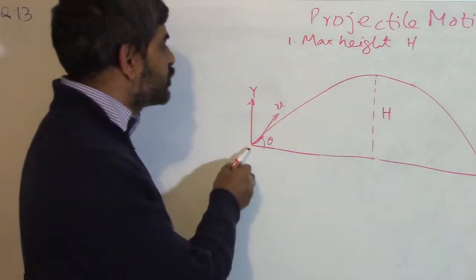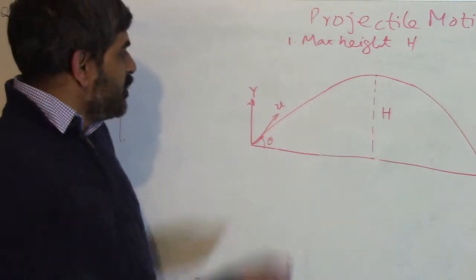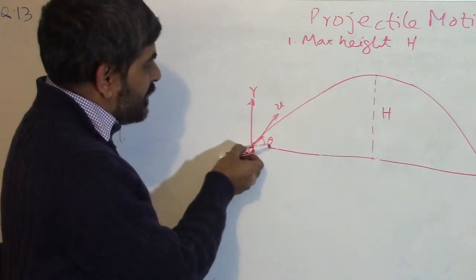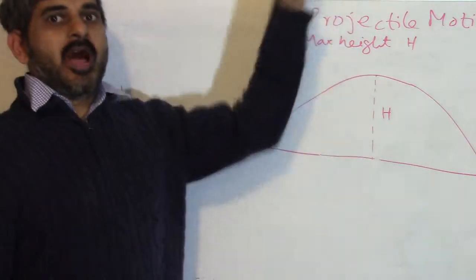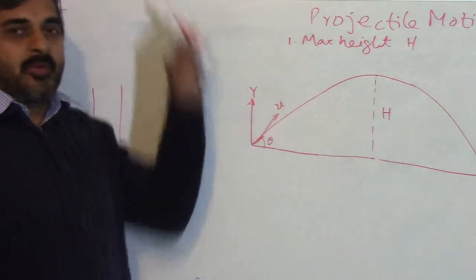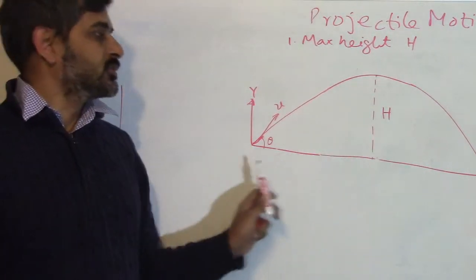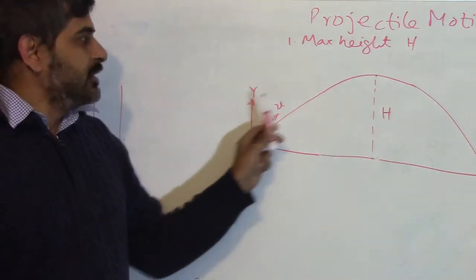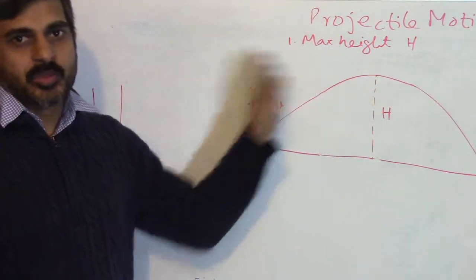If we throw it with a smaller velocity, it will reach less height. If we make an angle that is more, then the maximum height will be higher. If we throw vertically upward with the same velocity, it will reach the maximum height. And if we throw it at a lower angle, it will reach a very small height. So this is a dependency of maximum height on u and theta.